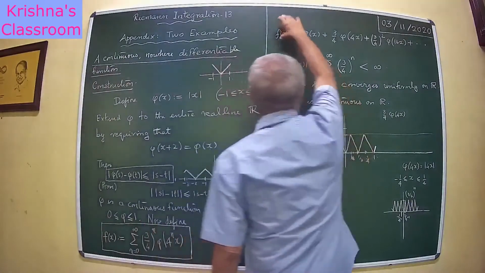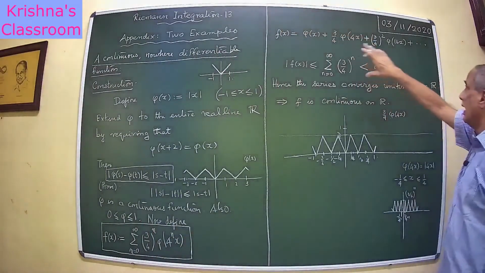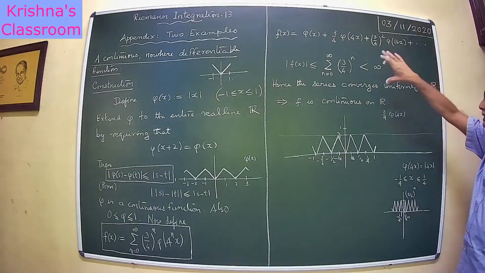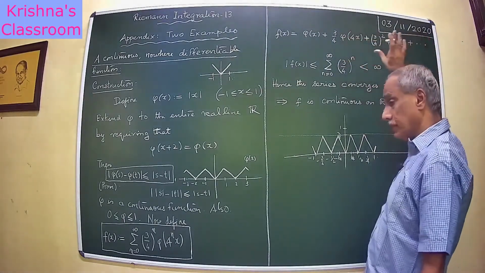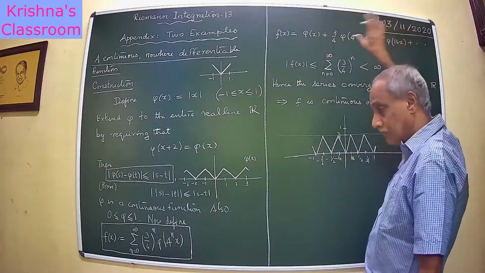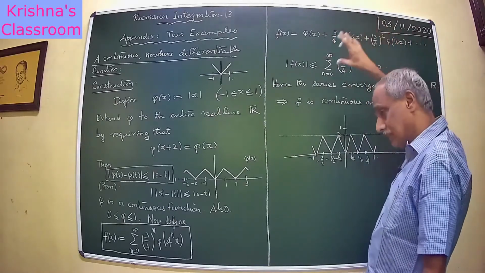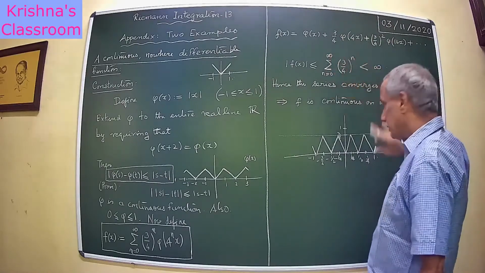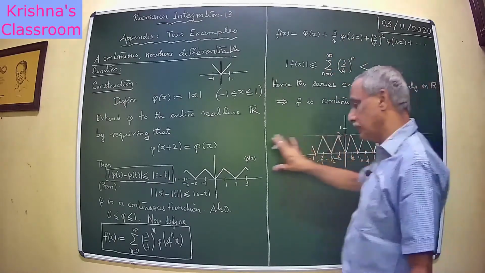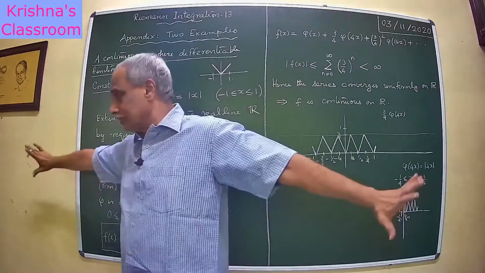So f is fabricated as a sum of these, and we have already seen the convergence of this. We have already seen that it eventually gives you a continuous function, in spite of all this. But what we are expecting is the non-differentiability to spread everywhere.